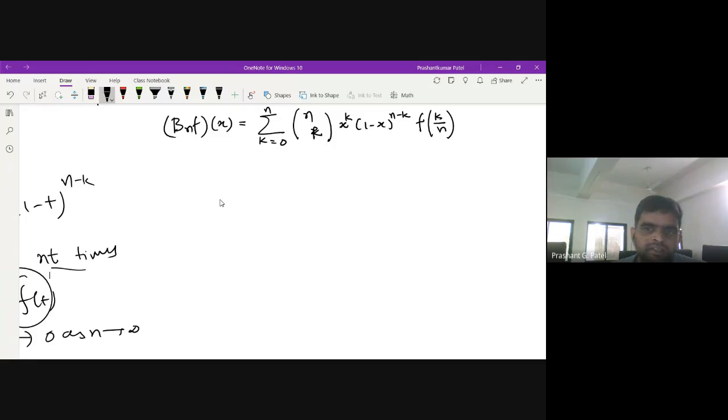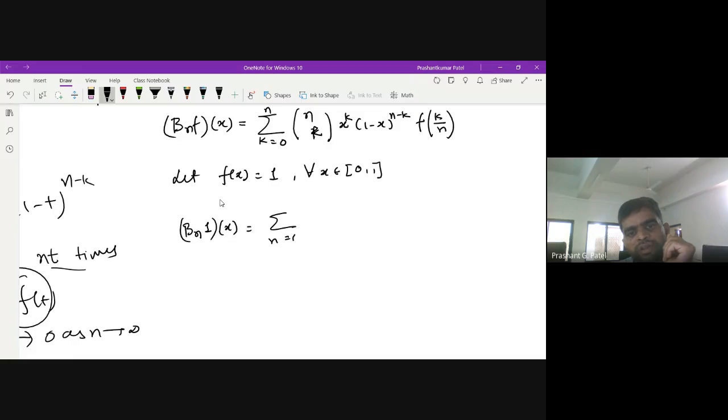Let us consider the function f of x equal to 1 for all x in the closed interval 0 to 1. So that means this is Bn of 1 at x. This 1 is a function.